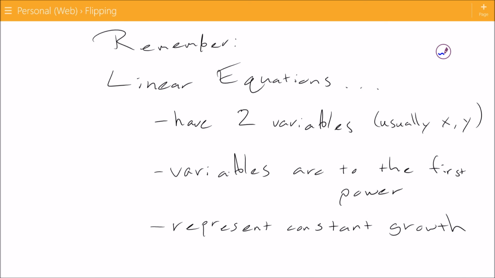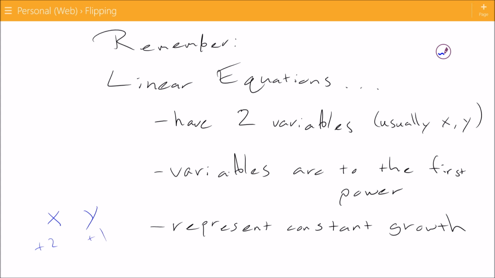The variables are to the first power, and it represents constant growth. Remember, we saw that there was a constant change of x and y. If x is getting plus 2 all the time and y is getting plus 1, that is a solid ratio that continues to build, stays constant, linear equation.